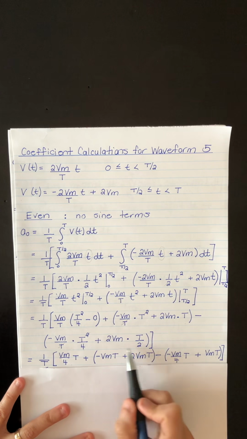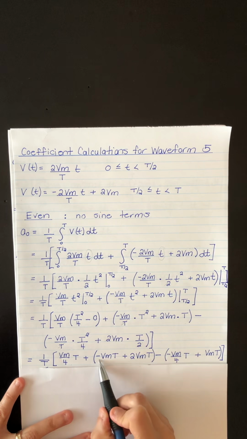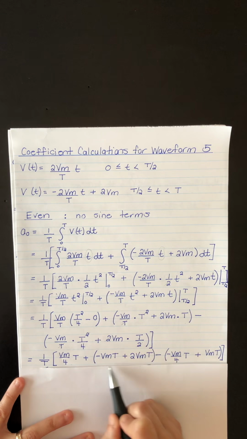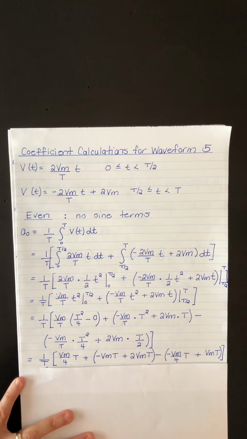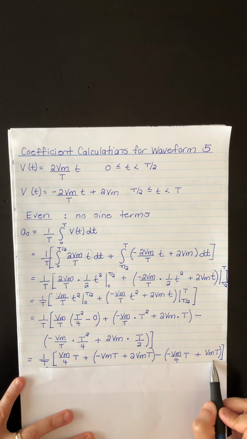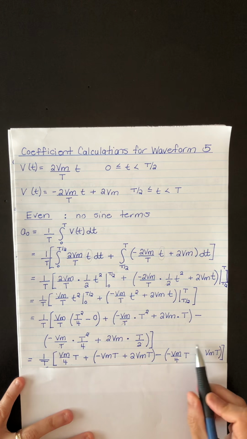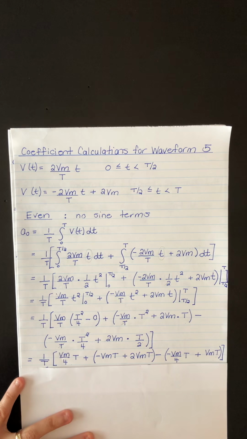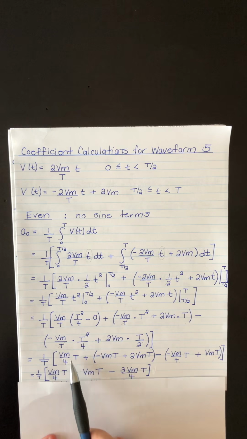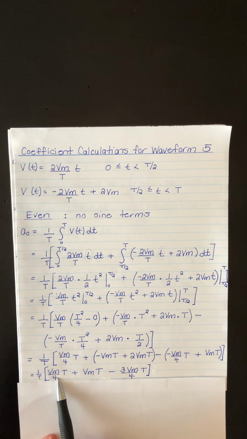Okay, take a look inside this term. We have -1 v max t plus 2 v max t. Overall then, that is 1 v max t. This is -1/4 v max t plus 1 v max t. So it is +3/4 v max t. Okay, so here is the first term.